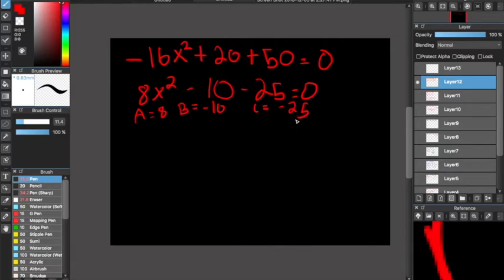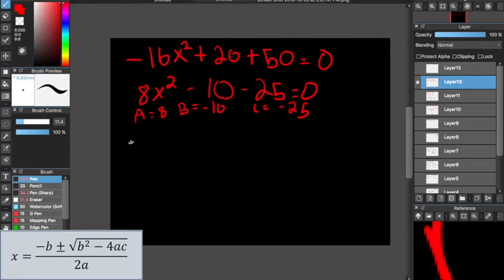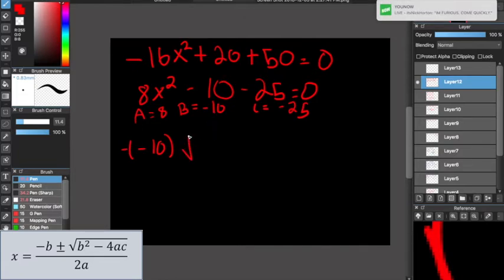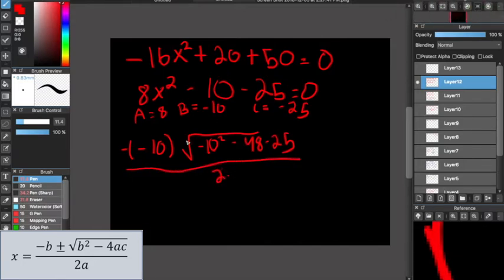So I'm going to put the formula at the corner of the video. And so it's minus, sorry, minus minus 10, plus minus the square root of minus 10 squared, minus 4 times 8 times minus 25, divided by 2 times 8.